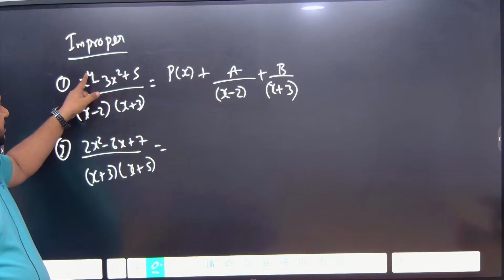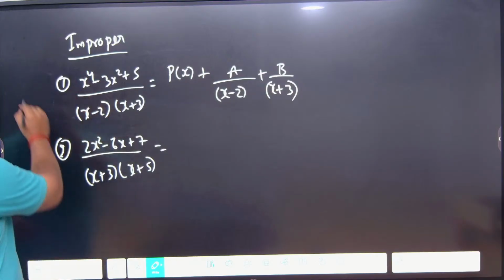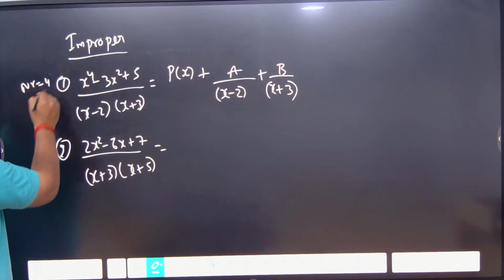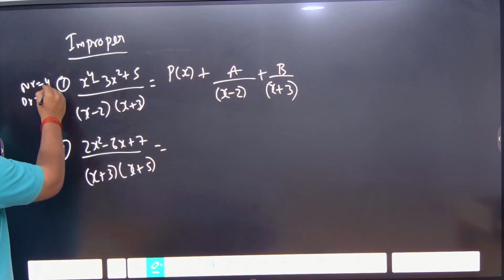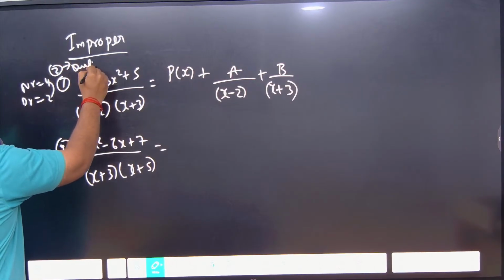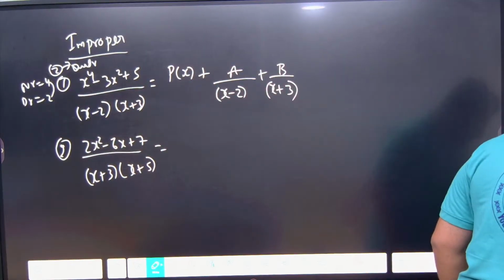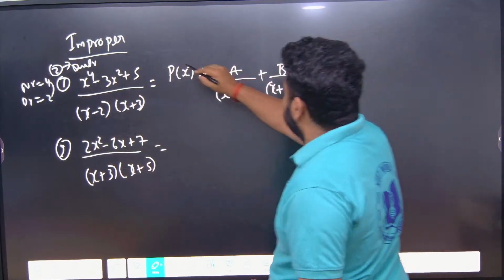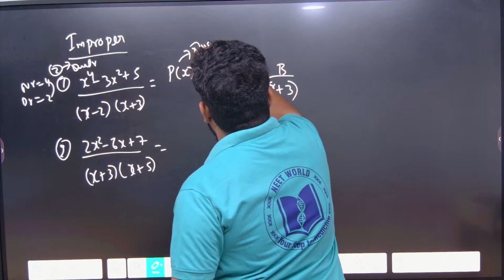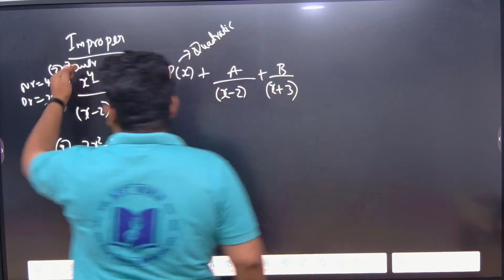Here the numerator power is 4, the denominator power is 2. So 4 minus 2 is 2, that gives me a quadratic term. So this p(x) will become a quadratic term. This degree minus this degree.